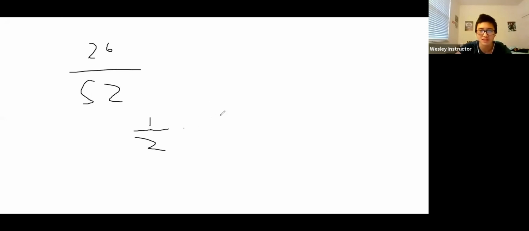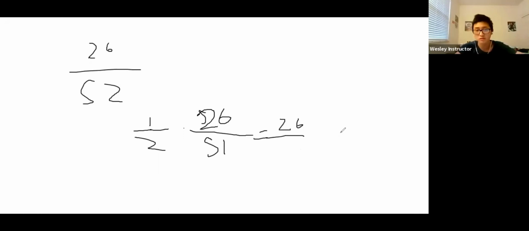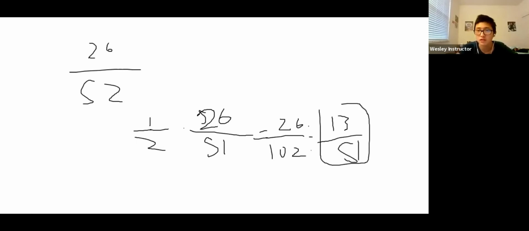There are 26 red cards and 51 cards total, so 26 divided by 102, because I already picked the black card. If I divide by 2, this equals 13/51. The answer is 13/51.